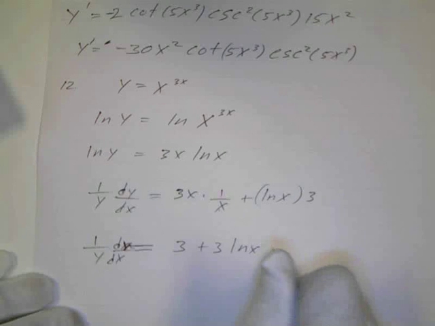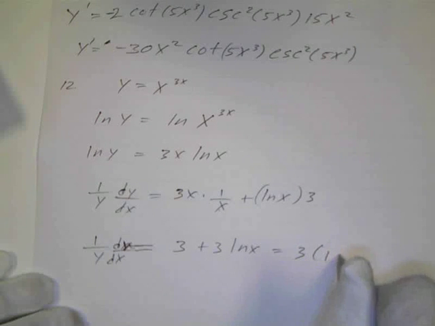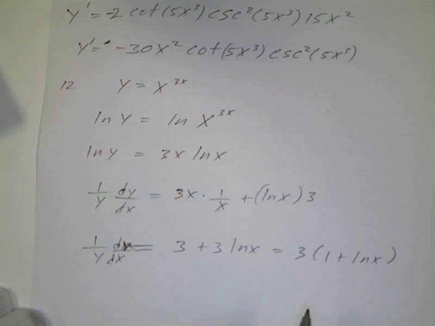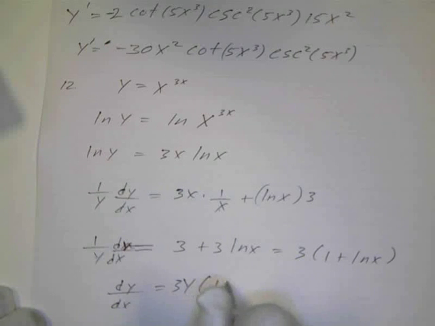And then I could factor that out just to make it 3 times 1 plus the natural log of x. It's a little easier. And then we just have to multiply both sides by y. So we end up with dy dx equals, and if I multiply, I can put my y up here, 3y times 1 plus the natural log of x.